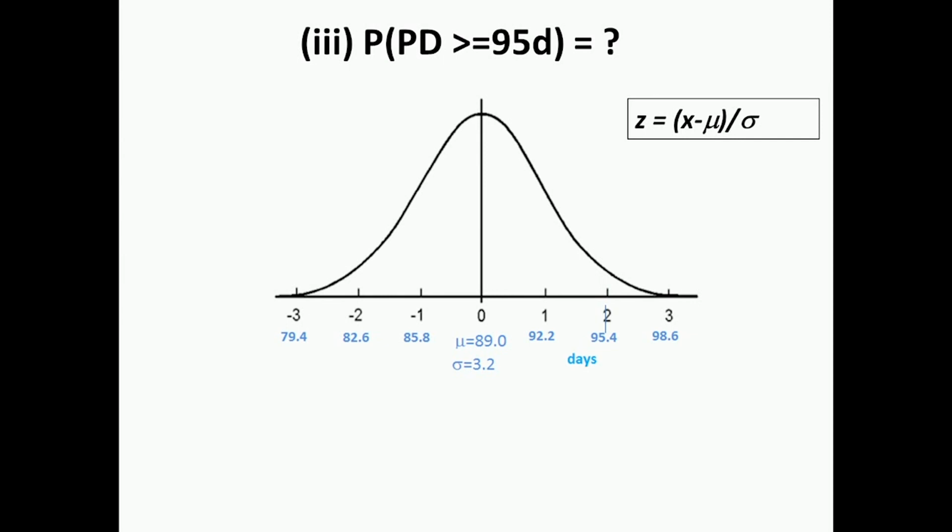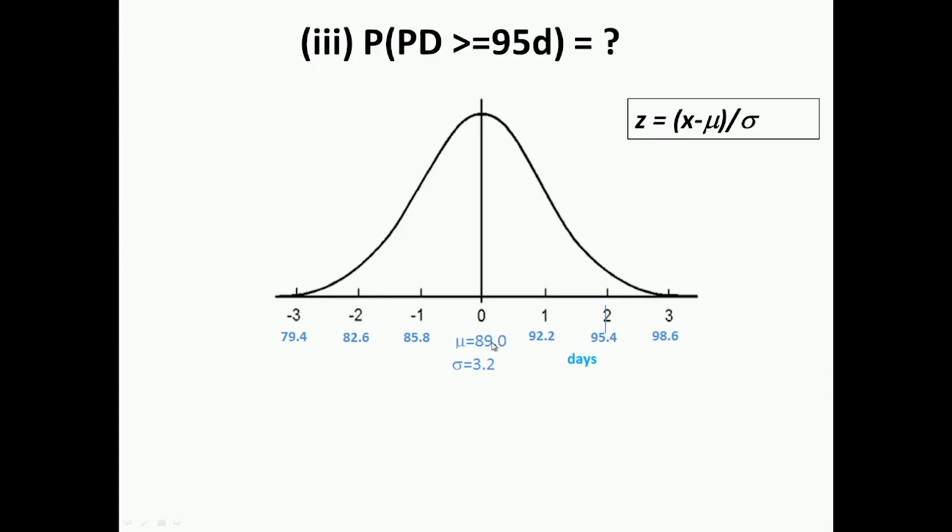So remember, the first of the other questions we asked from a probabilistic perspective: what is the probability that the project duration is more than 95 days, or greater than or equal to 95 days? So this is back to our normal distribution of project duration.